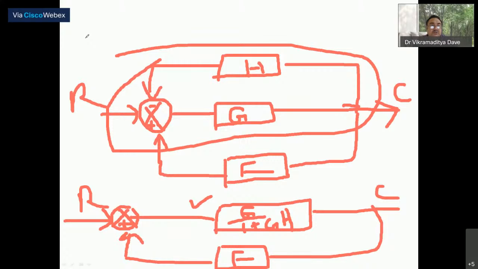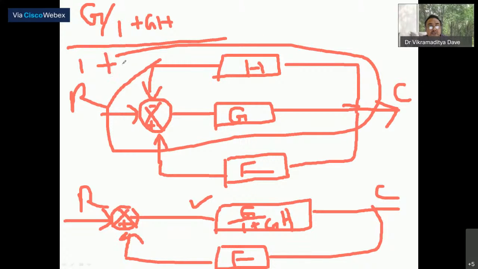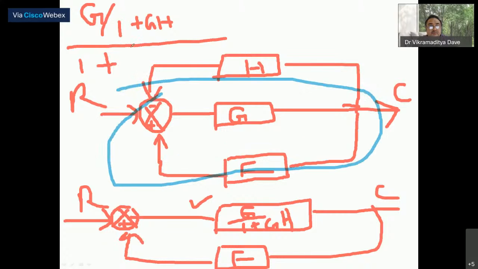So it will become G upon 1 plus GH, the overall transfer function, whole divided by 1 plus G upon 1 plus GH into F. I think it is clear. So sorry, here it will not be plus sign.